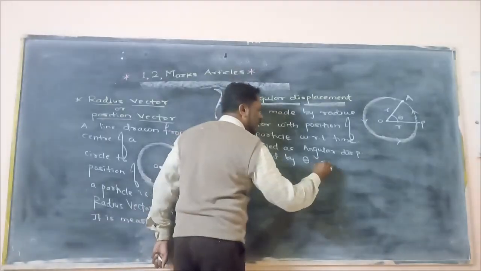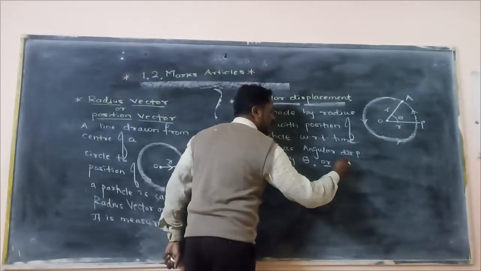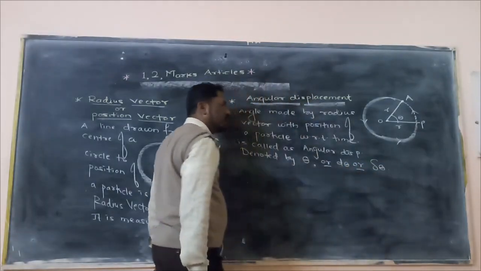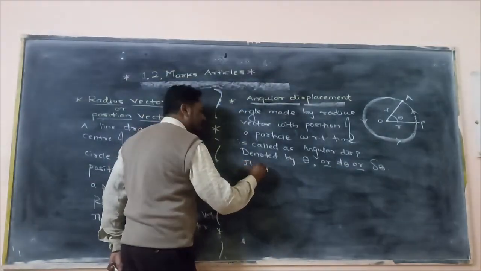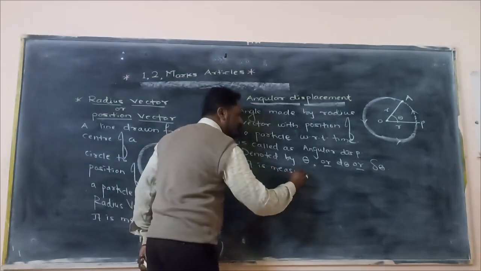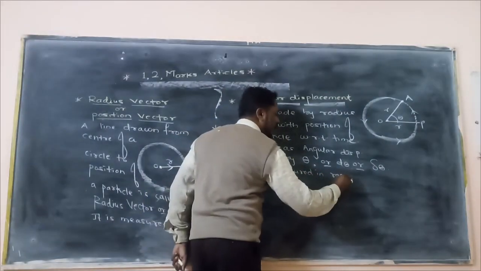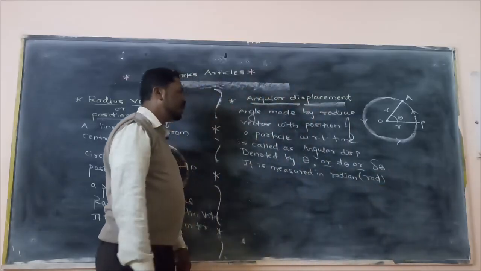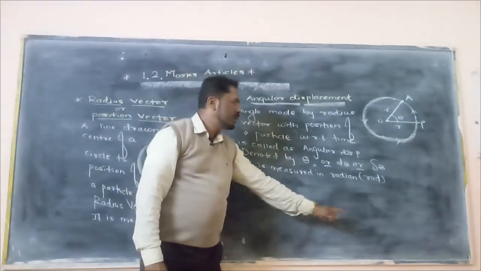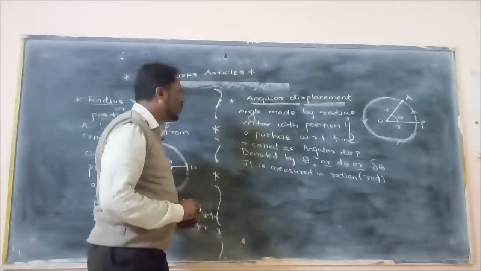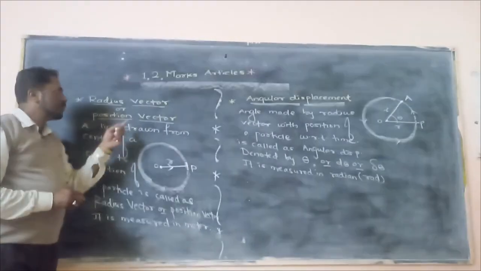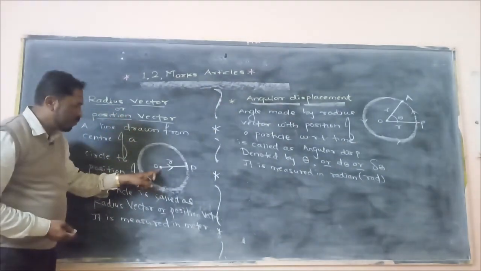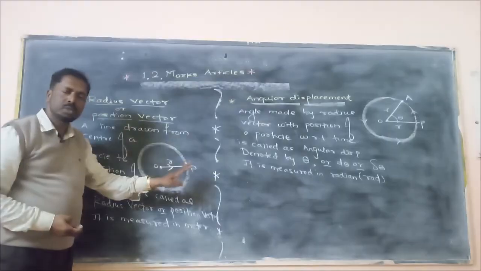It is denoted sometimes by theta, or by d theta, or sometimes by delta theta. It is measured in radian, represented as only rad. So what have we seen here, starting from the radius vector? How does the radius vector take place? Just draw a line from the center of a circle to the position of a particle.